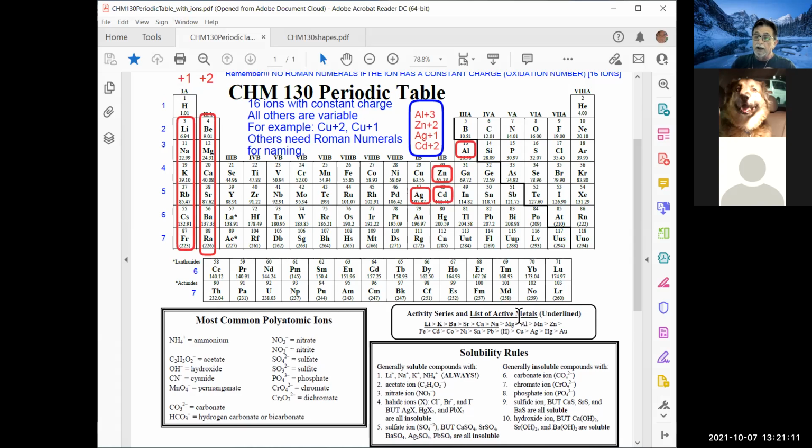Everybody in group 1 from lithium on down, when they become ionic, they all have a +1 charge. All of them.